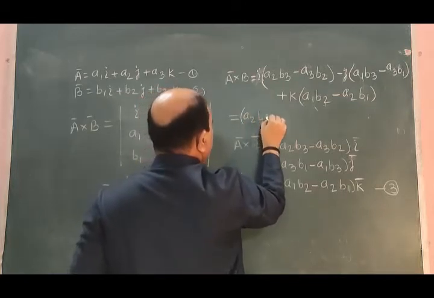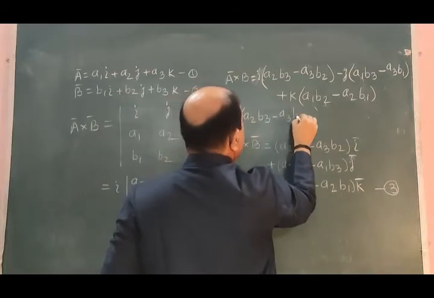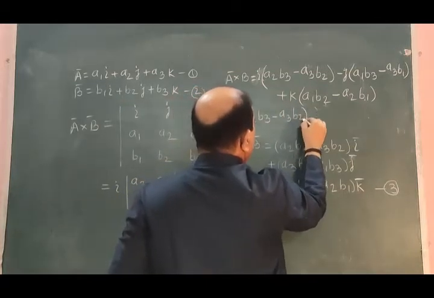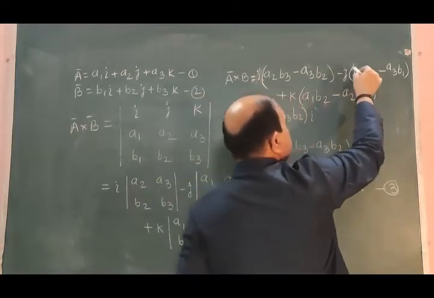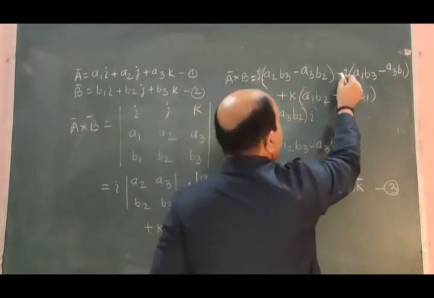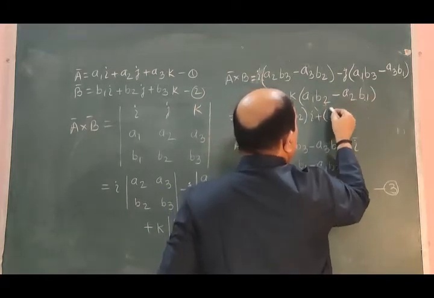A2 B3 minus A3 B2 into i. Take this minus outside as common. Minus minus will become plus, and what will happen?